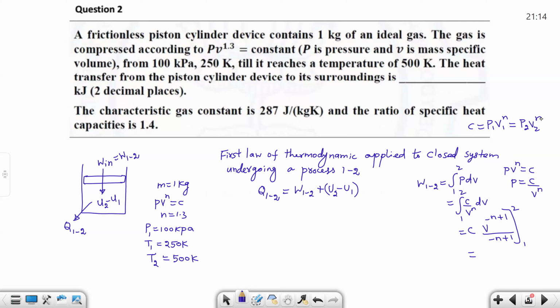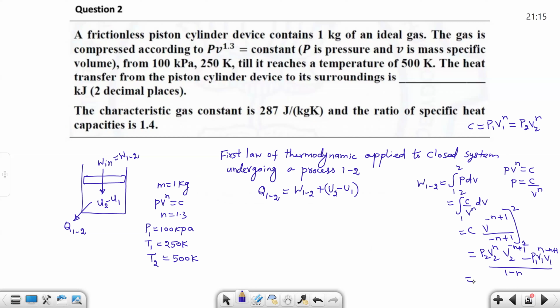So for the upper limit, P2 V2 power n into V2 power minus n plus 1, minus the second limit, 1, P1 V1 power n V1 power minus n plus 1 by 1 minus n.